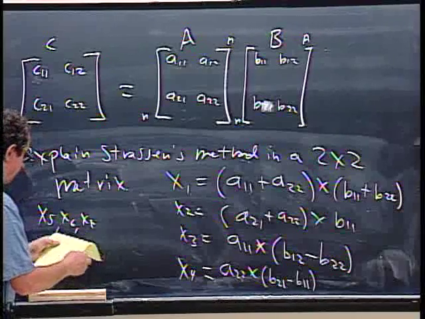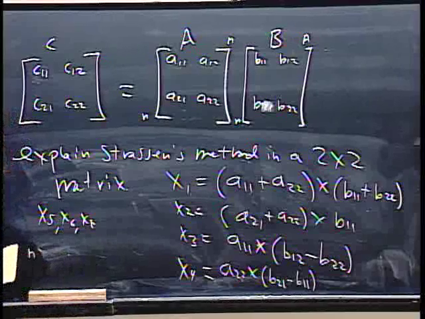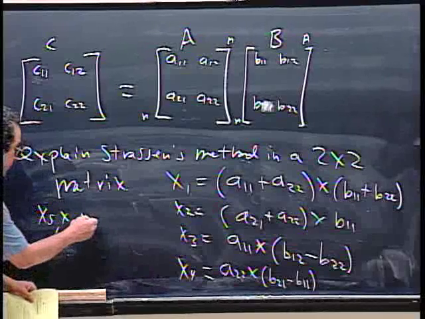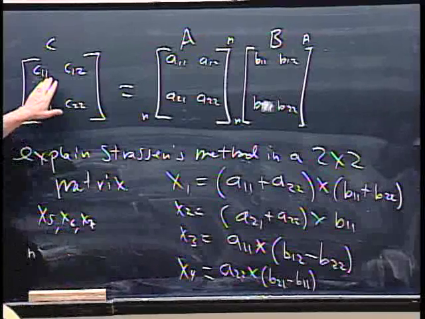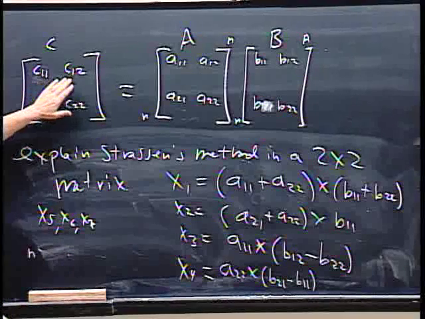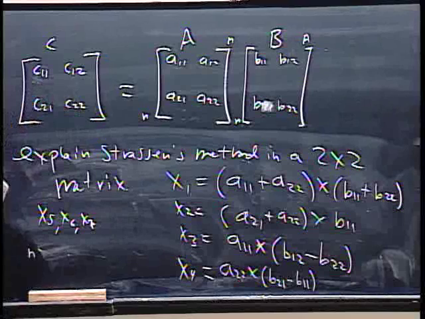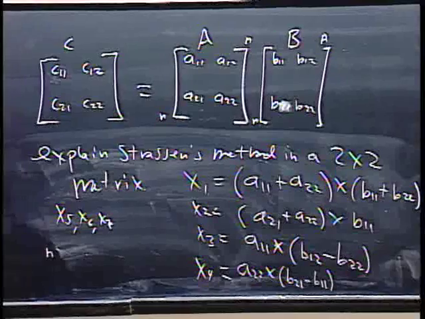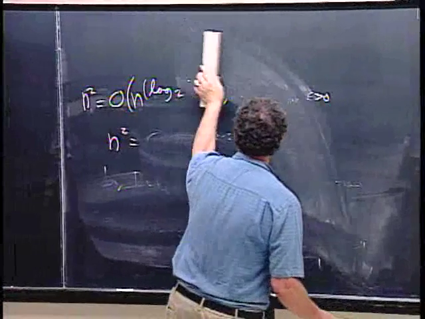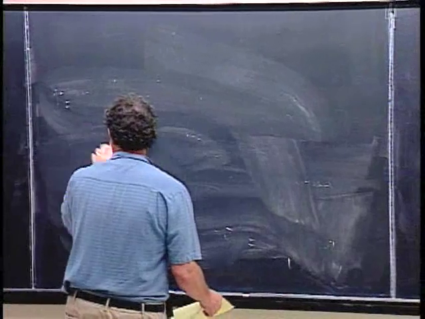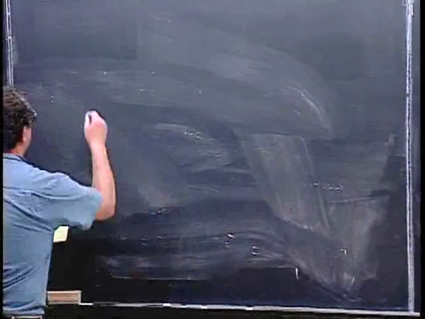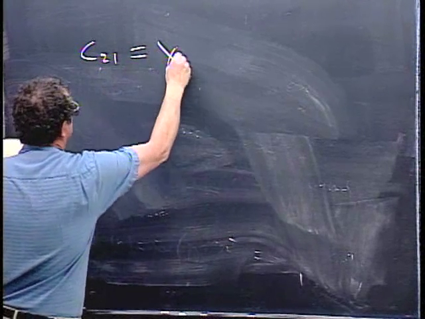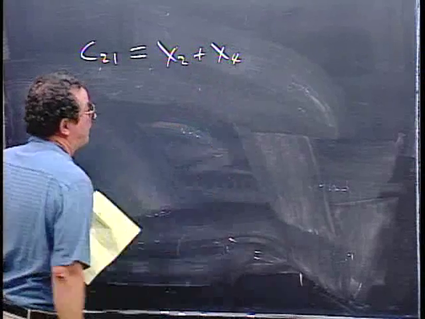Okay. Now, it turns out that we can use these 7 X values to calculate individual C values, C11, C12, C21, C22. And let me just show you one of those and verify that it works. Okay? So, according to Strassen's method, C21 is equal to X2 plus X4. All right?